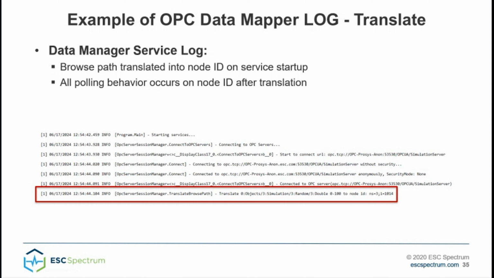So polling still happens on node ID, regardless of whether you're using a browse path or nodes, and it could be a mix and match of both in the same mapping file. But when the service starts up, the first thing that happens before any polling occurs is we translate that browse path into a node ID and start polling all tags by node IDs.